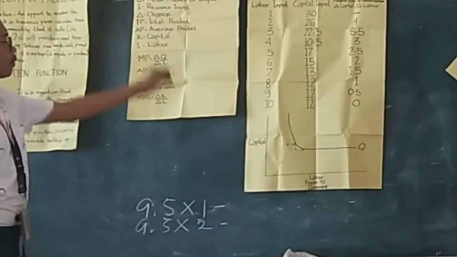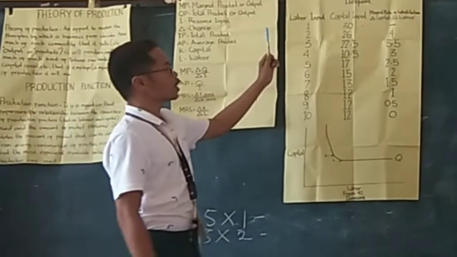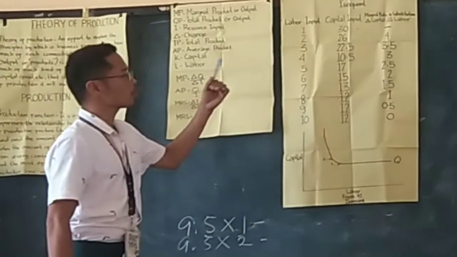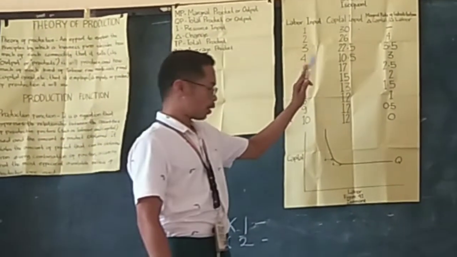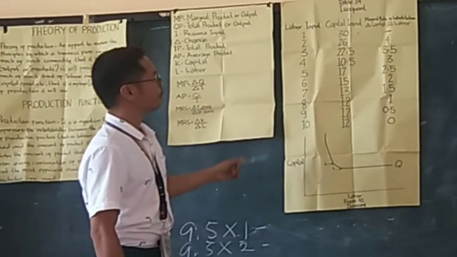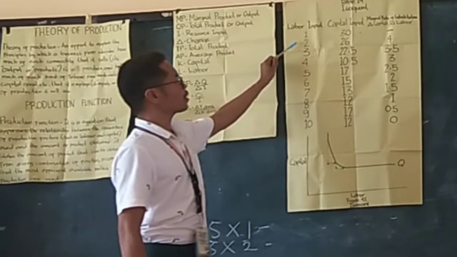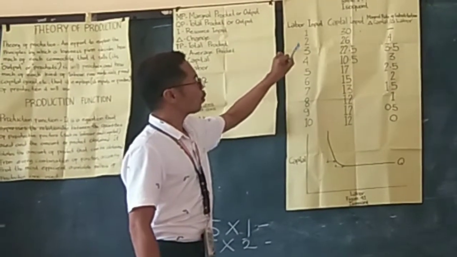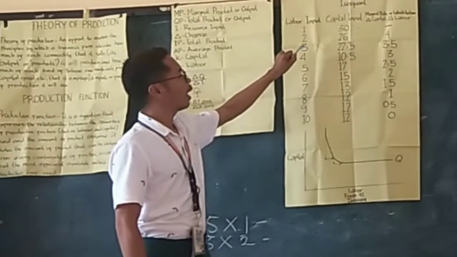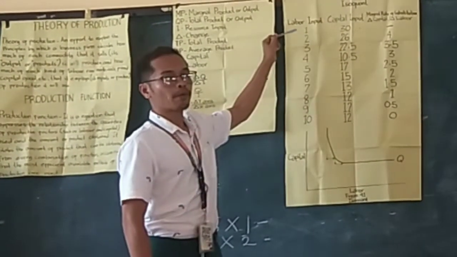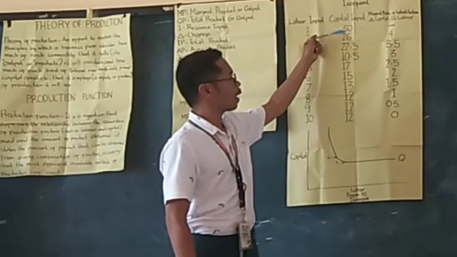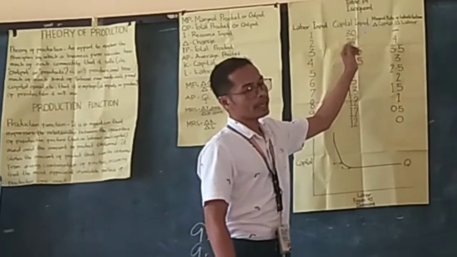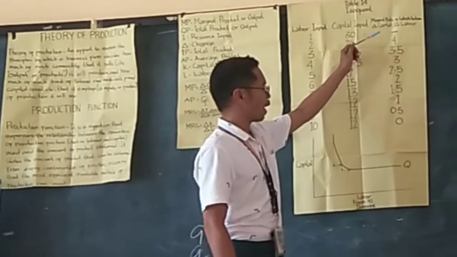In isoquant 1, labor versus capital input versus marginal rate of substitution, the change of capital, change of labor. So, let's say for example, if sa isoquant 1, we have one manpower, labor is manpower, and the capital input is 30, and then the marginal rate of substitution is wala.